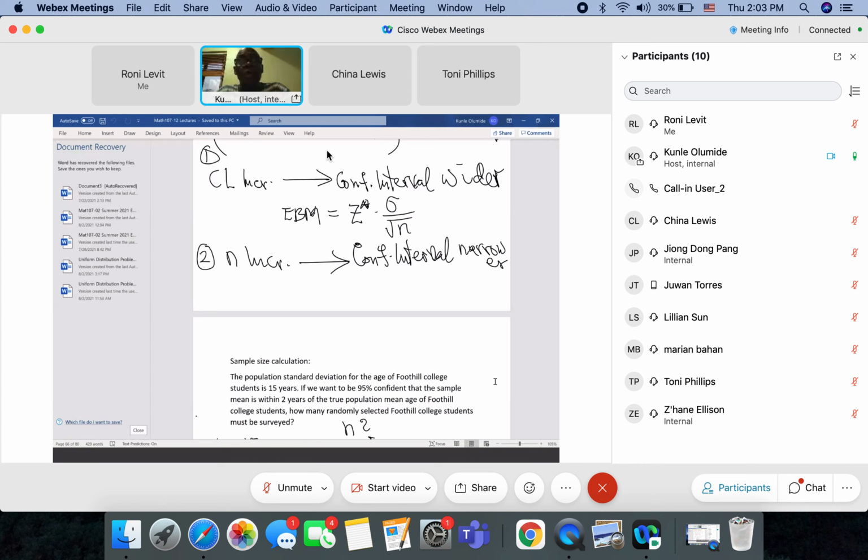Sometimes you'll be required to calculate the sample size to accomplish a specified margin of error. So now you're not obtaining the confidence interval anymore, but they're asking you for the sample size.